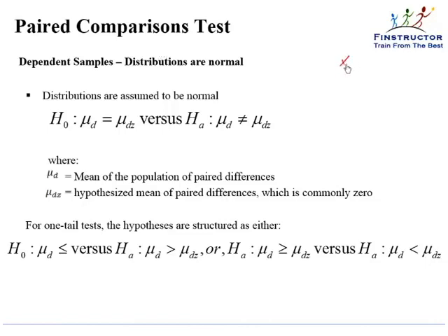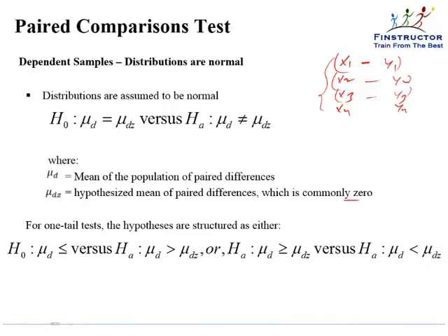That is, if x1, x2, x3, x4 are the values of the first population and y1, y2, y3, y4 are the values of the second population, then the differences x1 minus y1, x2 minus y2, x3 minus y3 have an average value equal to 0. Or the mean of the population paired differences is equal to a hypothesized value, commonly 0.